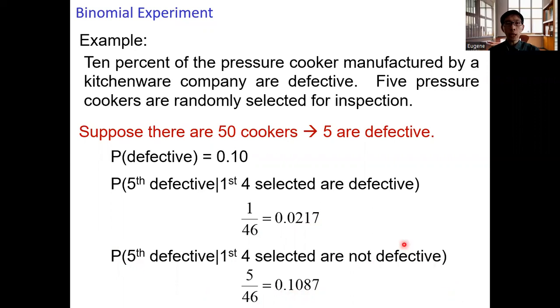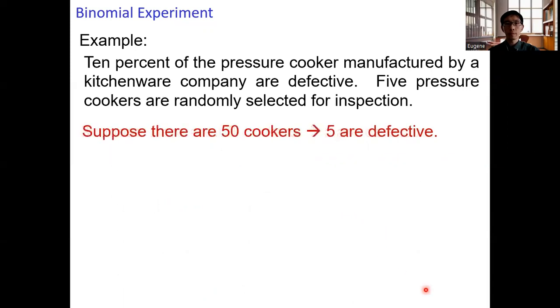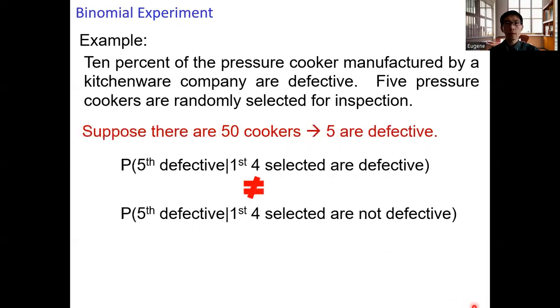The probability that the 5th cooker is defective depends on the condition of the previous 4. So with different conditions of the first 4 cookers, the probability that the 5th cooker is defective may vary.